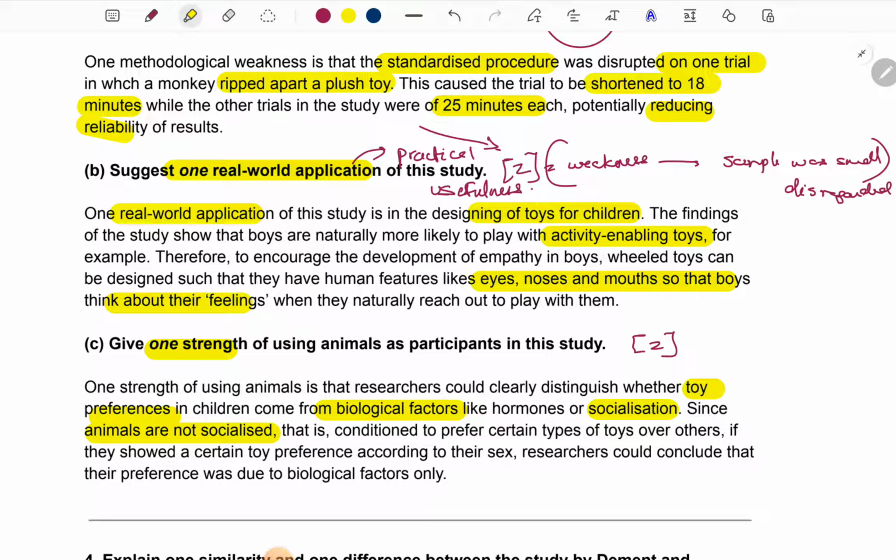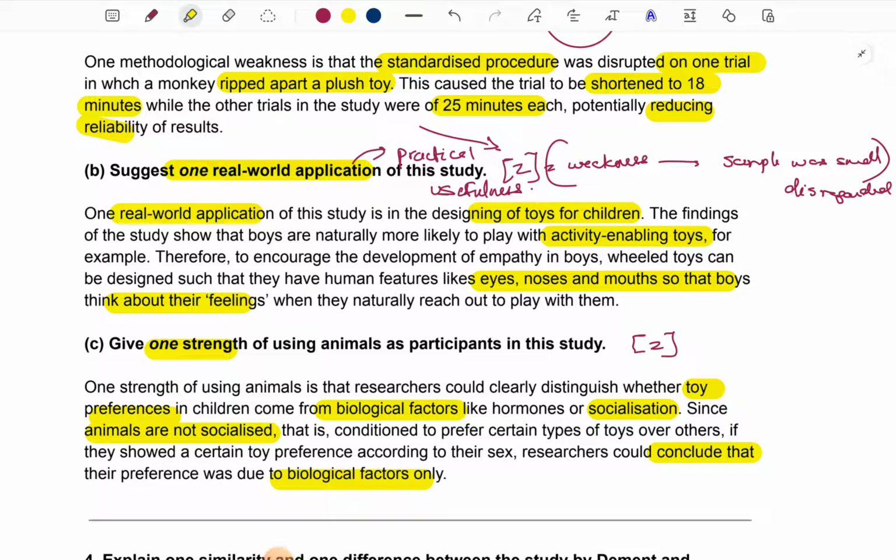They don't undergo the socialization process like humans. They might have a different type of socialization, but they have no communication in which they are taught that boys should be boys and girls should be girls. So that is something we can separate out. And then any preference which they show has to be because of biological factors only. So that's what we have to explain here.